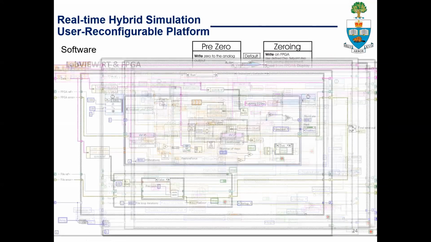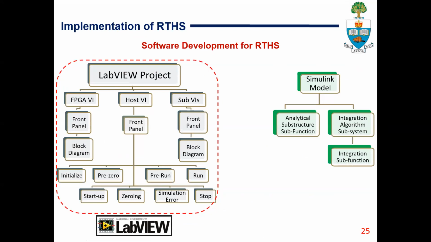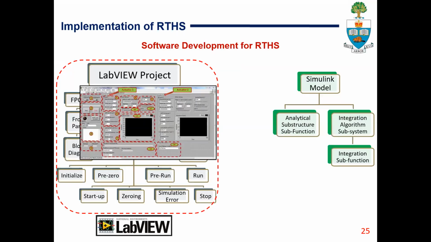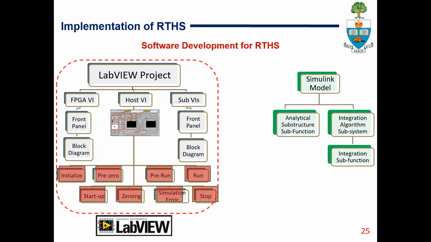And if we take a look at this distinction again, part of the implementation was on the LabVIEW side, and part of the implementation was on the Simulink side. So on the LabVIEW side, we had the host VI, which has the graphical user interface as well as the different states that I just quickly showed.